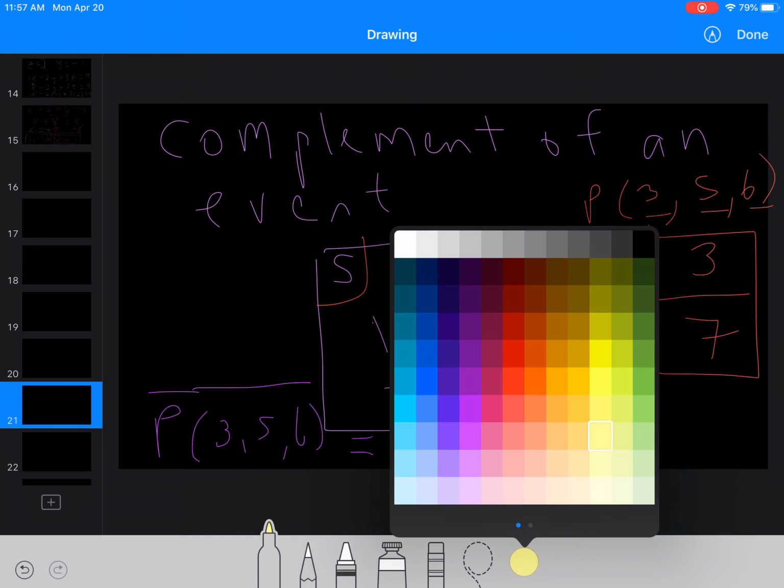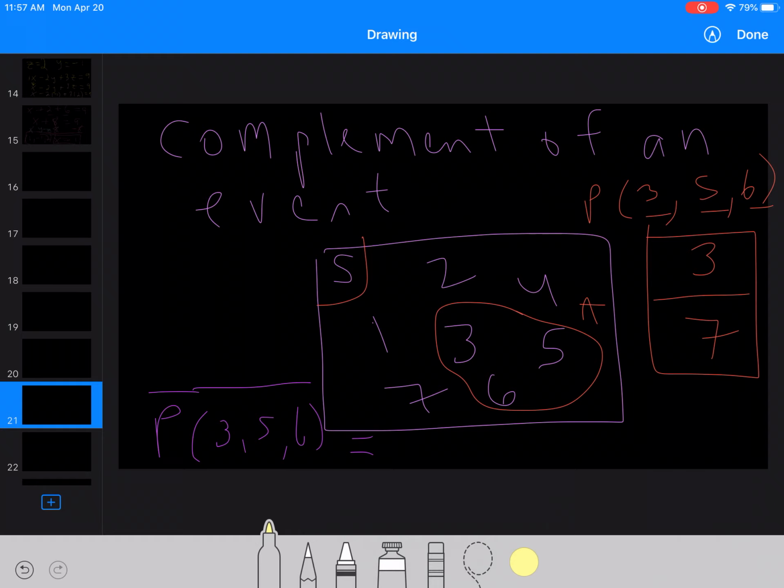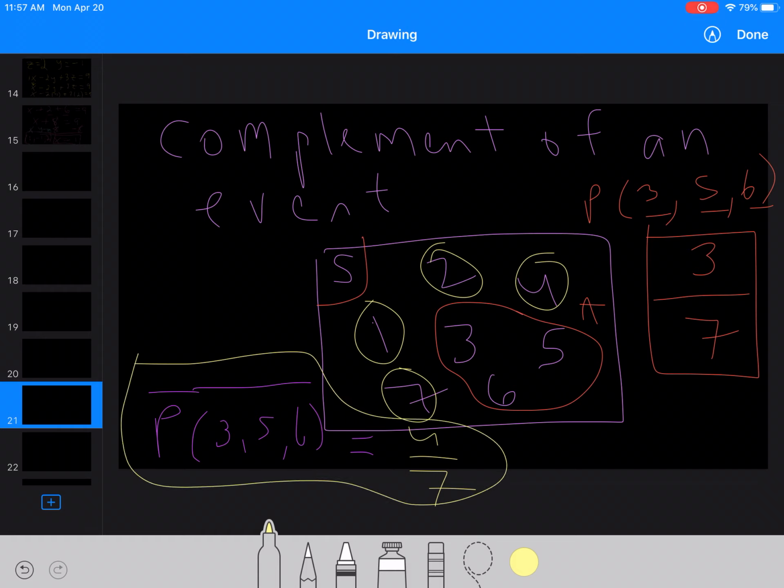Sometimes they just write the complement in words. To find the complement, I figure out what numbers are not 3, 5, and 6. Those are 1, 2, 4, and 7. So there's 4 possibilities out of the 7. This in yellow is the complement, and orange is just the probability of those 3 values.